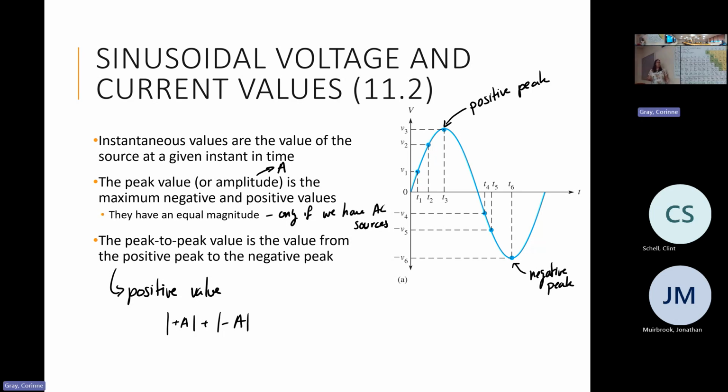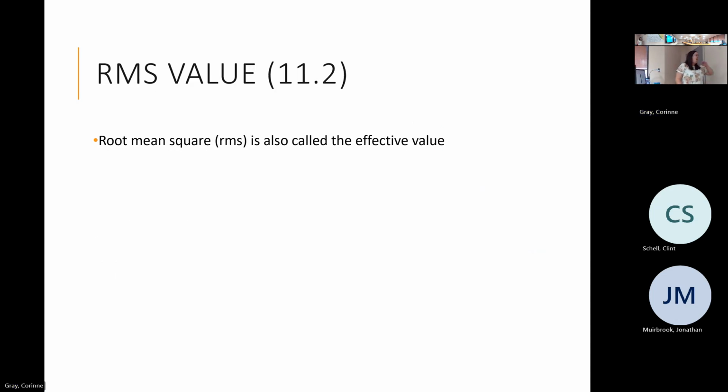That's okay. Mathematically, it turns out these don't always help us a ton. So this is where we need to introduce a couple pieces of terminology. The first is the RMS value, where RMS stands for root mean square.